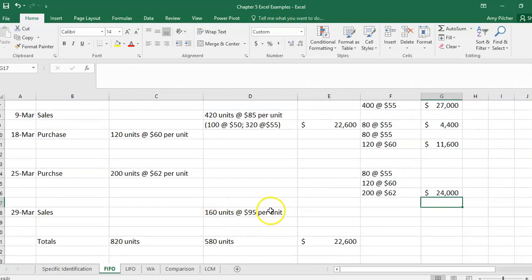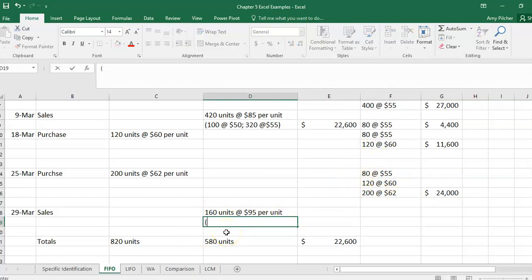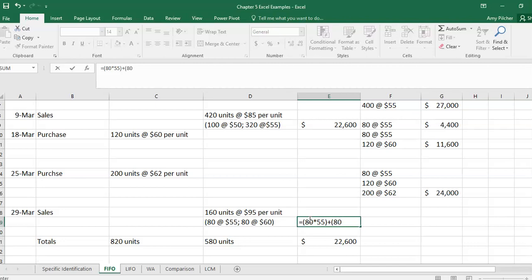We then sell 160 units. So we need to get rid of these 80 units at 55 first because we're using FIFO. So 80 at 55, and then the other 80 are from the $60 cost pool. So our cost of goods sold is 80 times 55 plus 80 times 60, or $9,200.